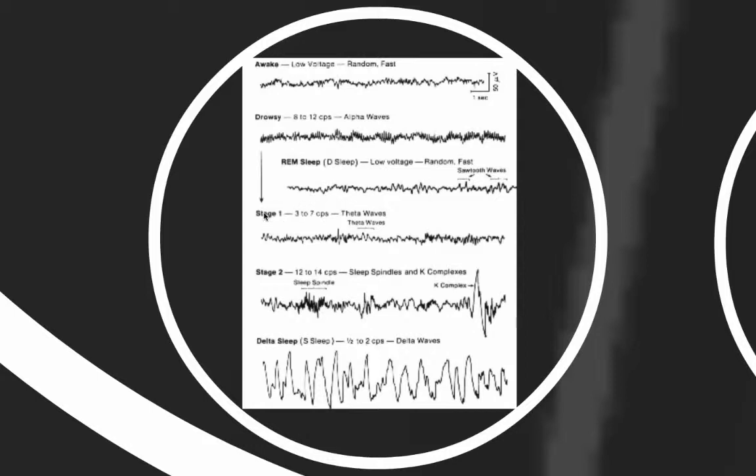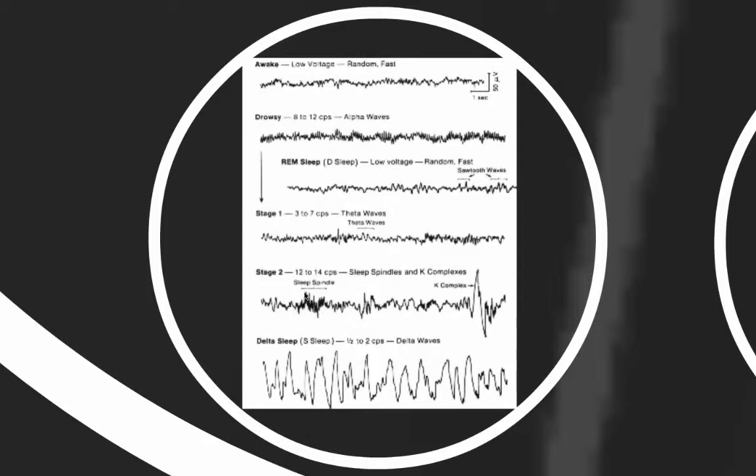During stages 1 and 2 of non-REM sleep, you begin to see the frequency slow down, as characterized by these theta waves indicated here on this EEG graph. During stage 2, the frequency slows further.